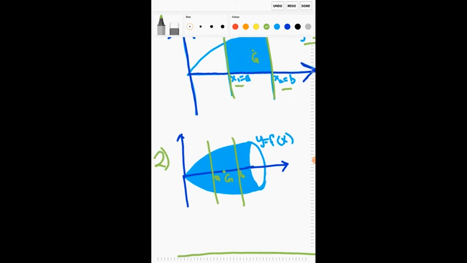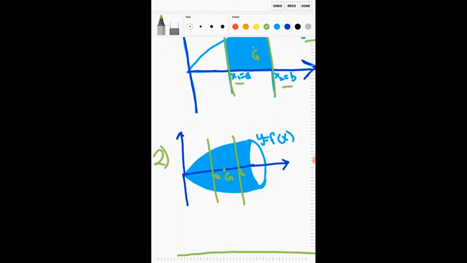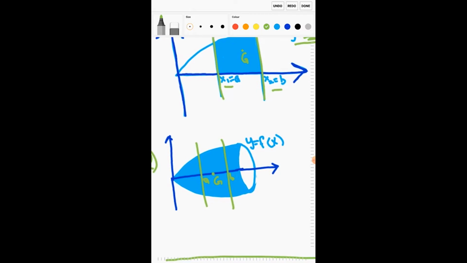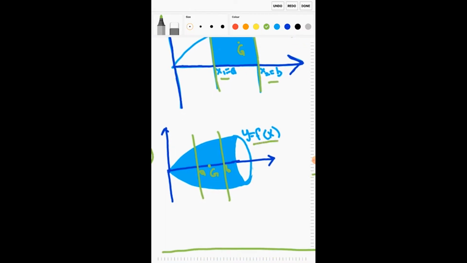Now, another thing they might ask you for is the center of mass of a lamina bounded by the graph y equals f of x, the x-axis and the lines x equals a and x equals b, but this time it's being rotated about the x-axis. To find this, y bar is going to be 0 because G is here.